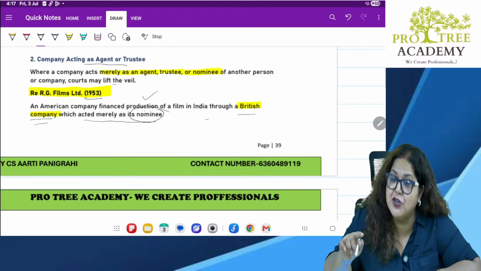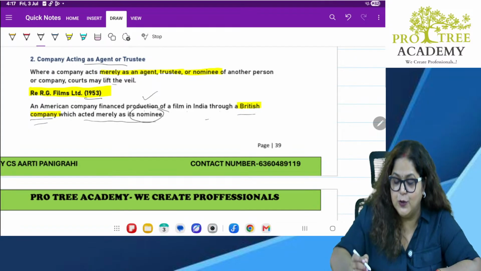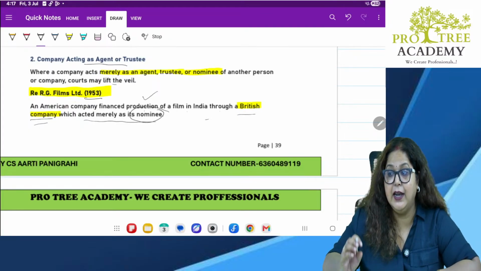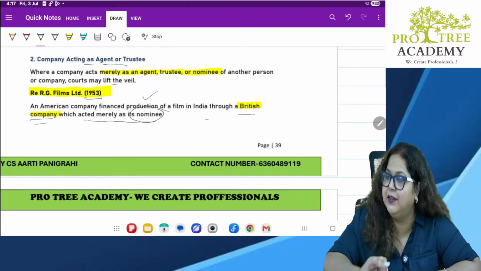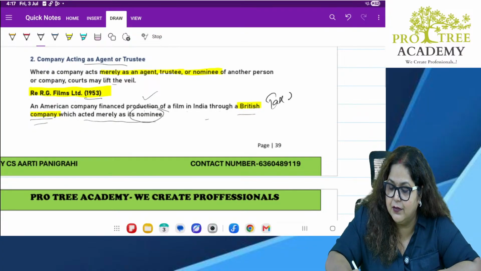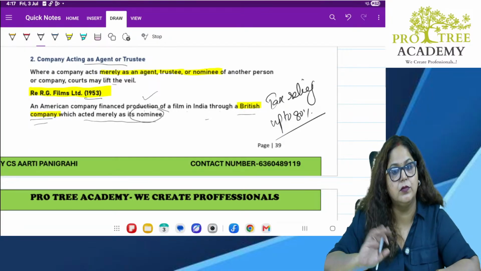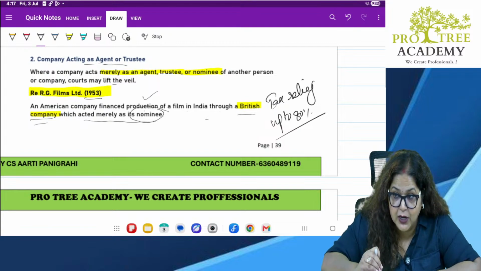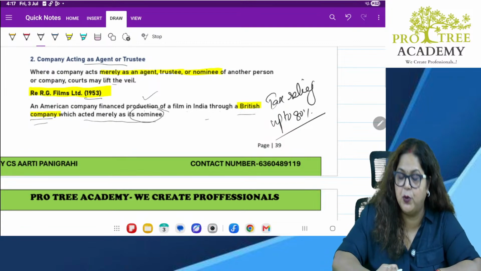Why? Now the question should come here. Why? If it is a British production, guys, they get too much of tax relief. Even up to 80% also. And that is the reason they had not shown the American production. What they had shown? British production.